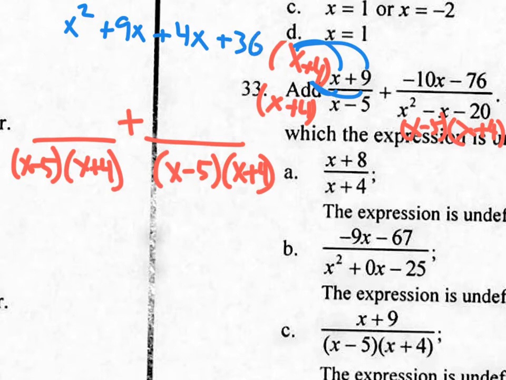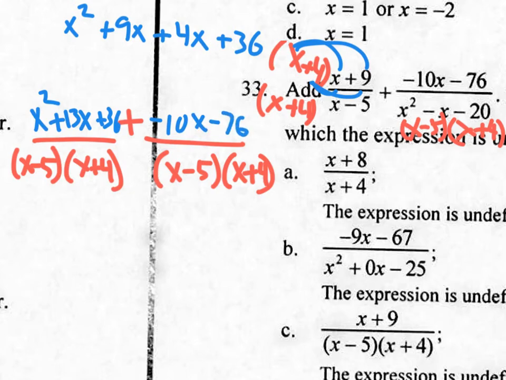So on the first fraction's numerator, I will have x squared plus 13x plus 36. On the second fraction, this already has the LCD, so I don't mess with the second fraction. I'm just going to bring that down and put it on the numerator on the second fraction. So that's going to be a negative 10x minus 76.